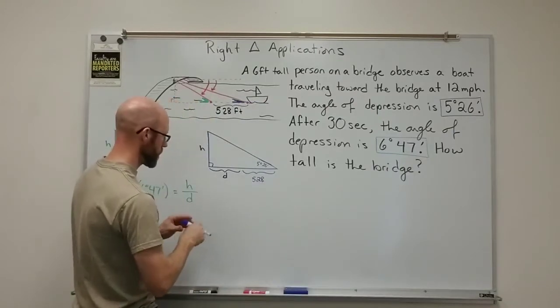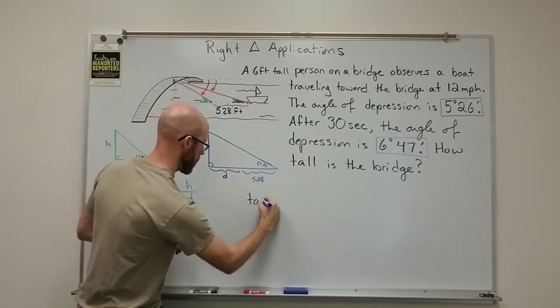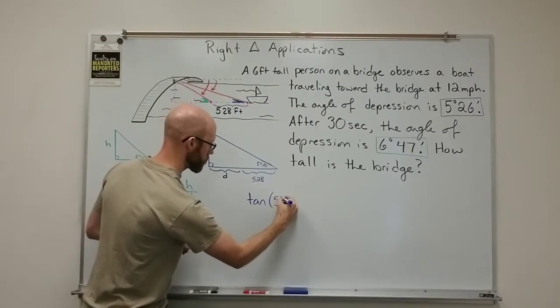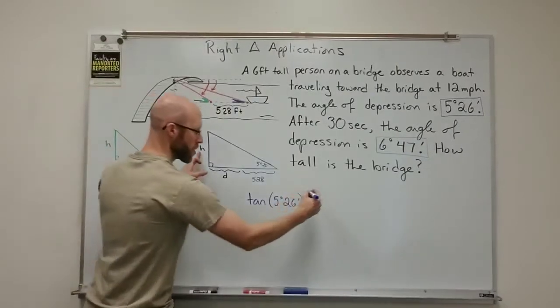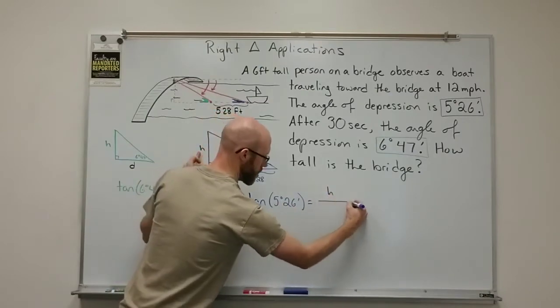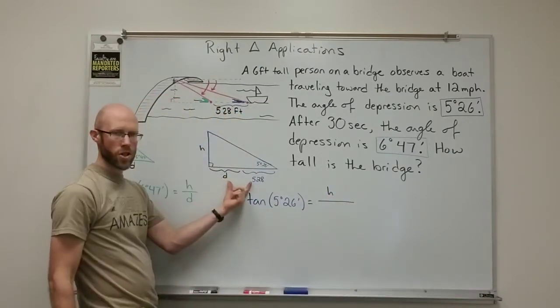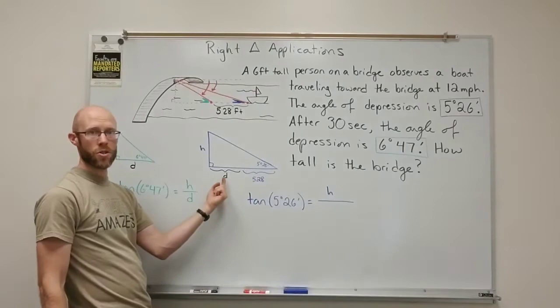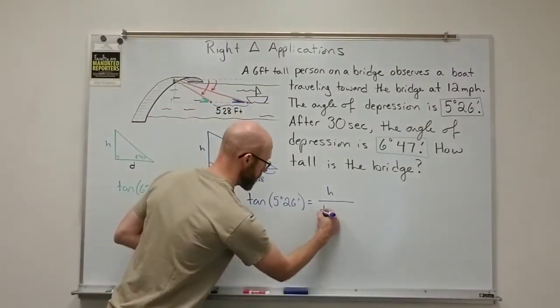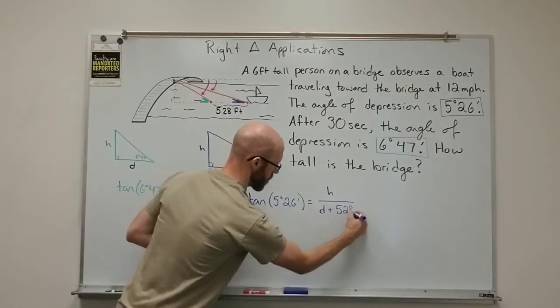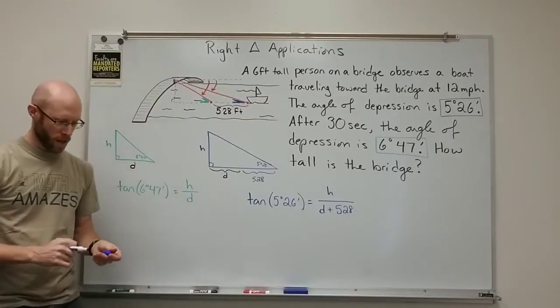I would have the tangent of 5 degrees 26 minutes equal to the opposite side over the adjacent side. Now the adjacent side is just the sum of d and 528, so it's d plus 528.